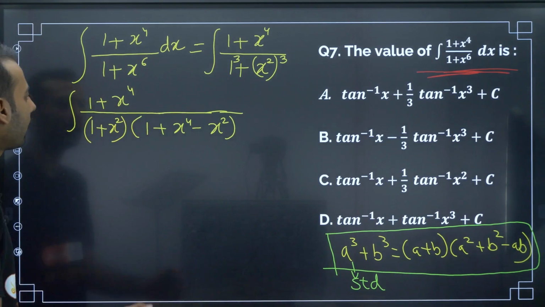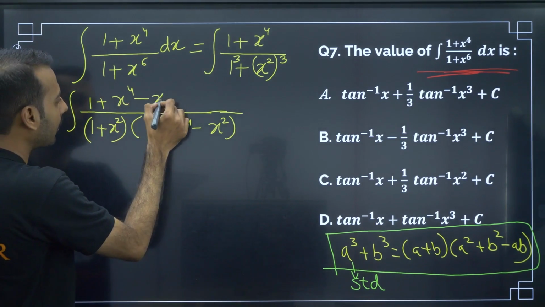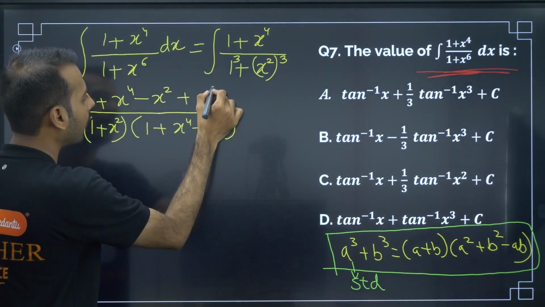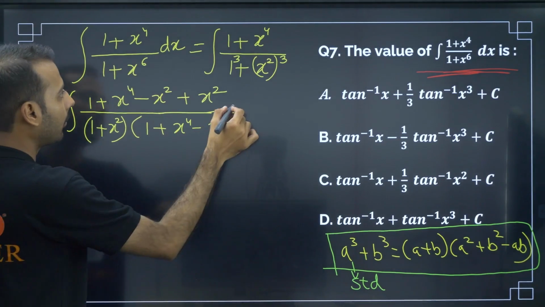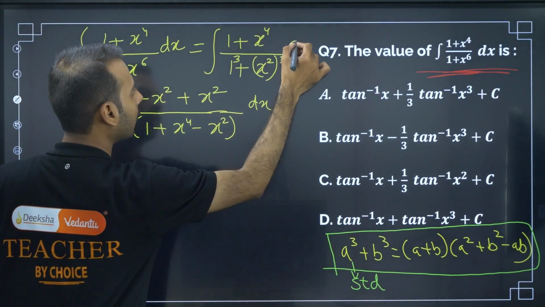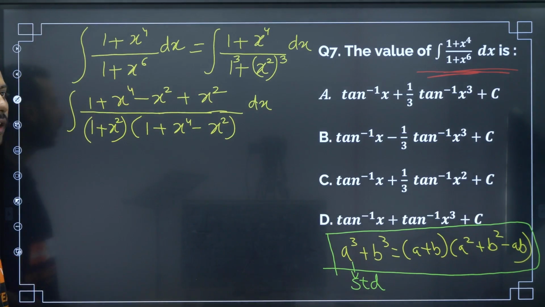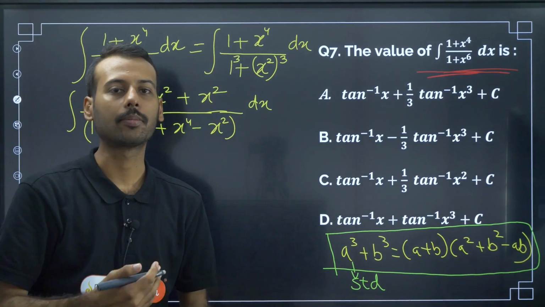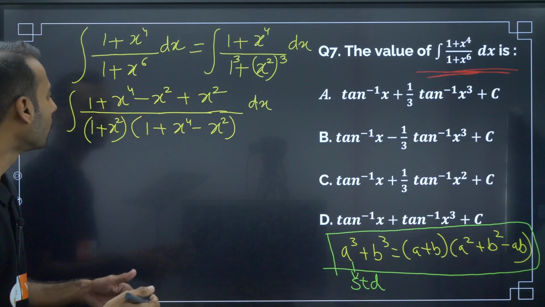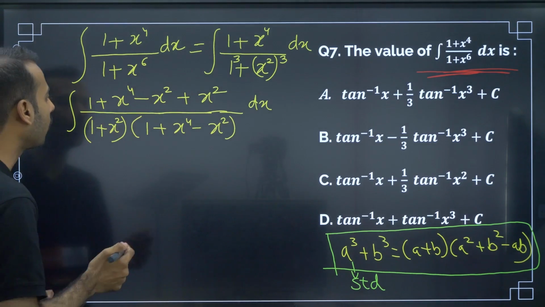Now for the numerator, let me subtract 1 x square and let me add 1 x square. Same expression only, everything same, just this expression after manipulation I am writing. Manipulation in the sense addition, subtraction, using of identity, so things get simplified. For that we are doing.